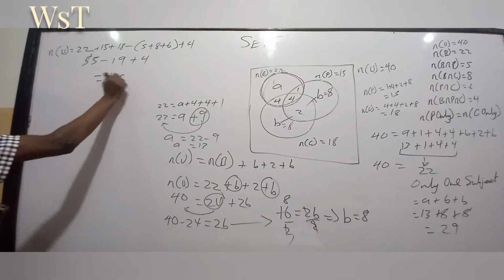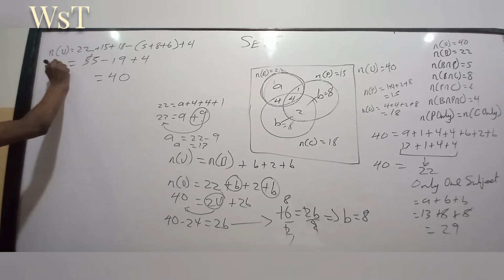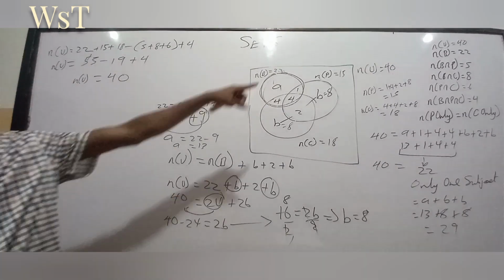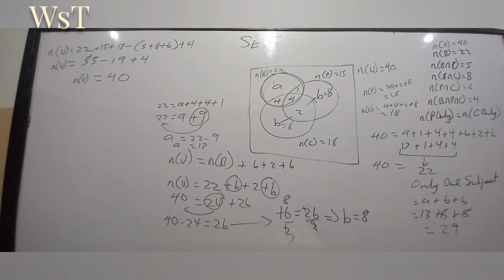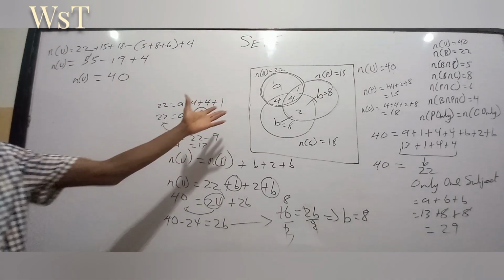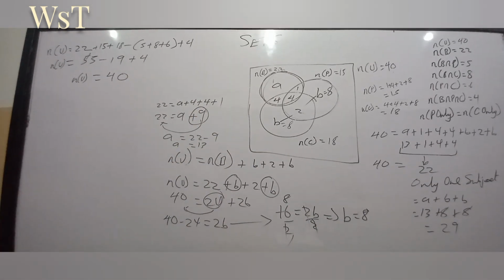Isn't it? So the union is 40. You see, I've proved it. So any which way you solve it, you get the same union. Okay? I've made it so easy.